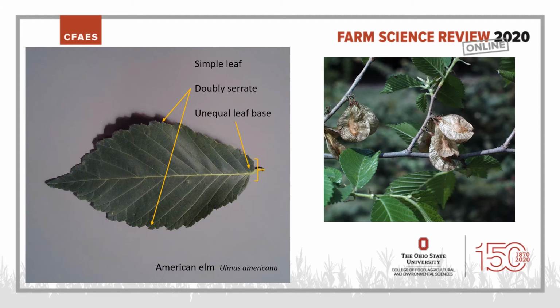One of my rules for the elm leaves is that you fold the leaf down this mid vein, fold it in half, and you'll see how unequal that leaf base at the petiole is. The seeds are these very easily airborne seeds, which is why we end up with elm. In the spring, you'll see these seeds moving around quite a bit, and they end up finding a great spot and sprouting at least for a period of time.